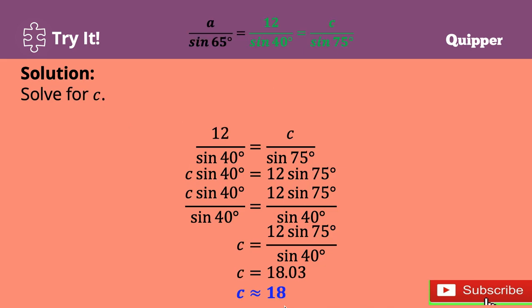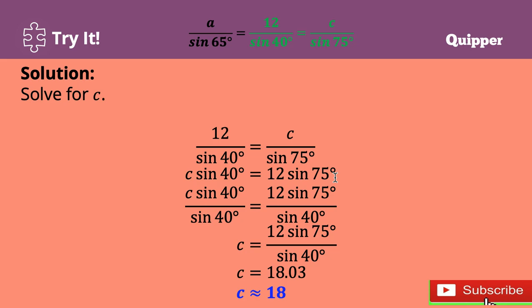Now we are going to solve for side c. That's 12 using these two ratios here. 12 over sine 40 degrees is equal to c over sine 75 degrees. So applying the cross product property, we have here c sine 40 degrees is equal to 12 sine 75 degrees.